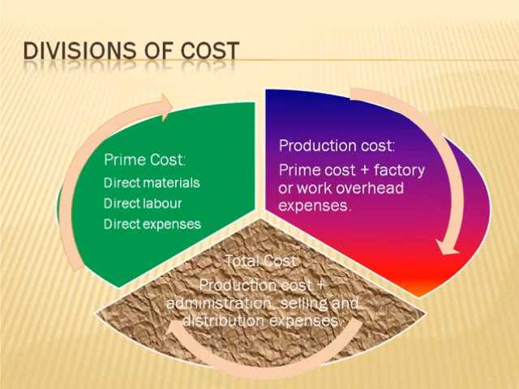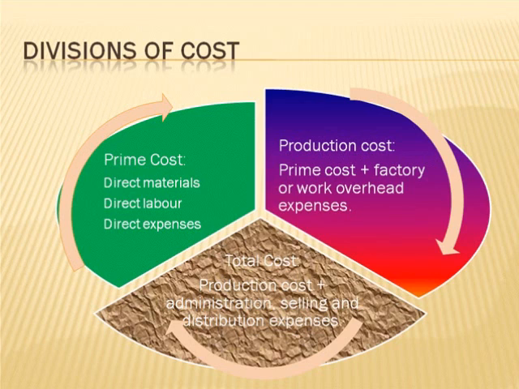The amount that you get from prime cost, which includes direct materials, direct labor, and direct expenses, you add to factory overhead expenses.